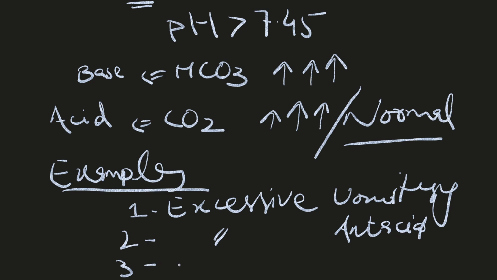Third example, excessive use of diuretics. Now, what is the mechanism by which these things cause metabolic alkalosis? Let's not dive into that because it will make the video very long. Let's move on towards respiratory acidosis first.